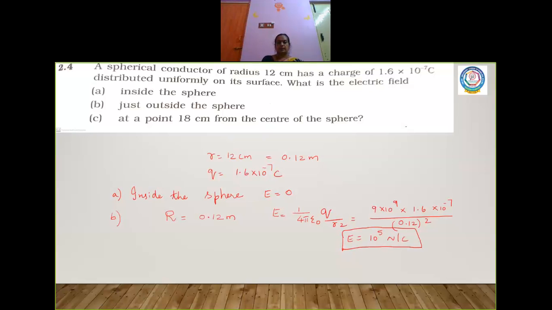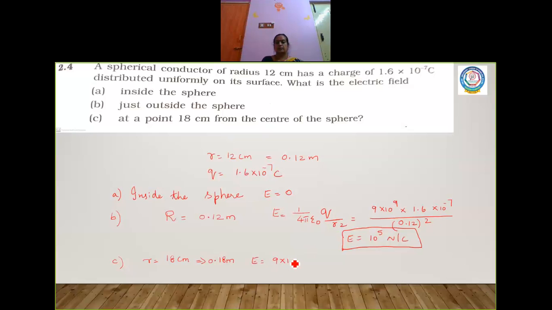Right? Now here, the third is at a point 18 centimeter from the center. So I have R value to be 18 centimeter, or simply 0.18 meter. Again the same formula, E equal to 1 by 4 pi epsilon naught Q by R square.